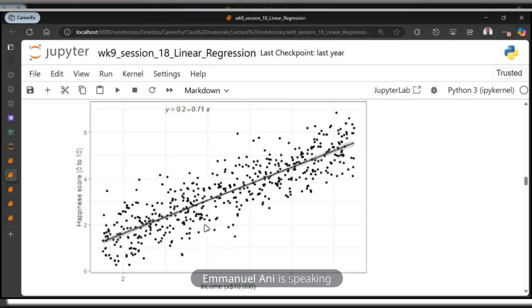To calculate the error, linear regression calculates the distance between each point and the predicted line. It basically subtracts this from this, as I did before, and it does it for all the data points we have here. You can see how much computation that is.